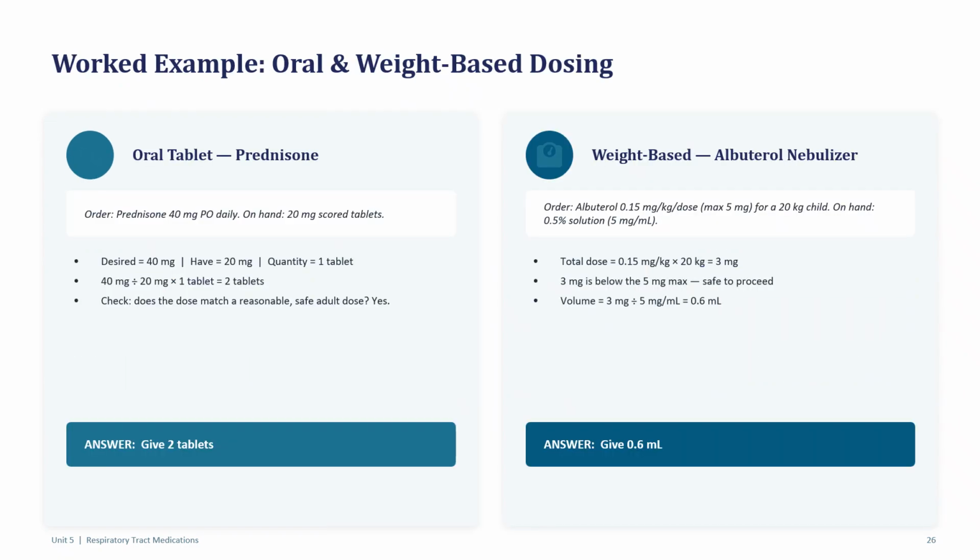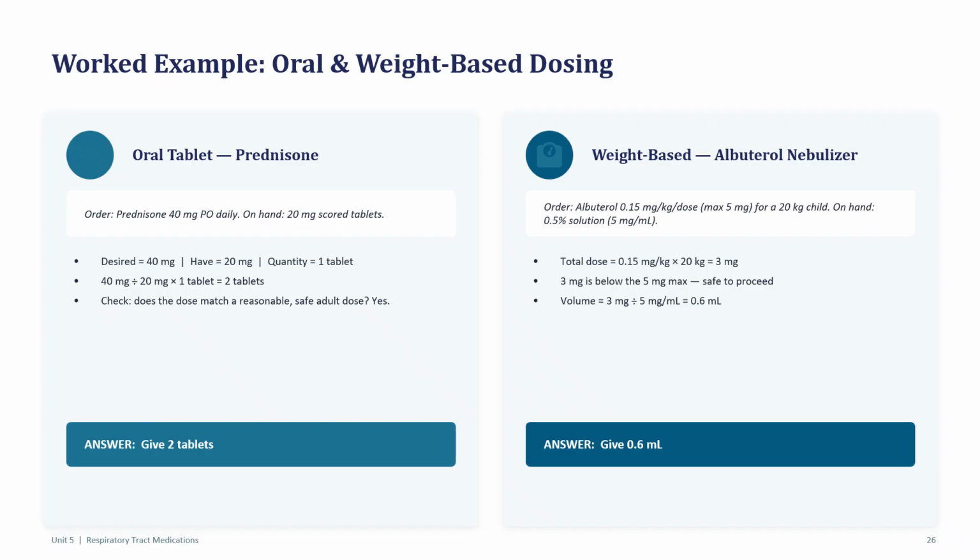So let's work through these dosage calculation questions. Prednisone is ordered at 40 milligrams and you have 20 milligram score tablets on hand. So desired over have times the quantity. 40 divided by 20 times 1 gives you 2 tablets.